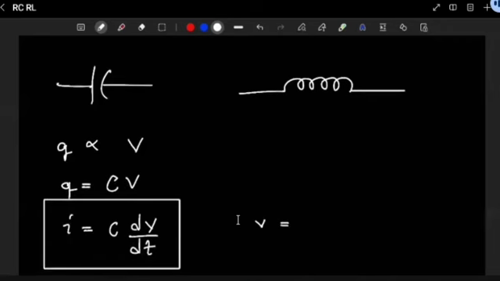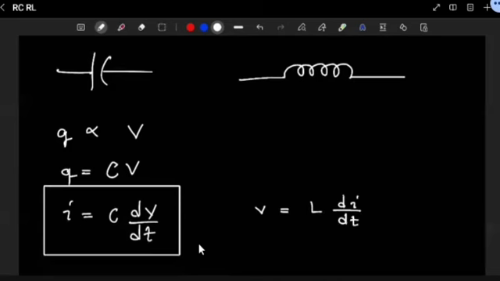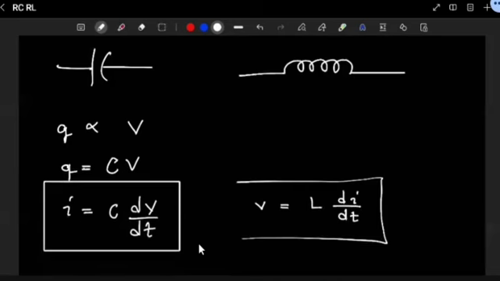So the voltage across an inductor can be obtained using its inductance and the current passing through it. What is the formula in this case? For a capacitor, we saw that I equals C dV/dt. For an inductor, now we have V. Let's swap them: instead of capacitance, we use inductance, and then this one will be di/dt. So V equals L di/dt for an inductor.